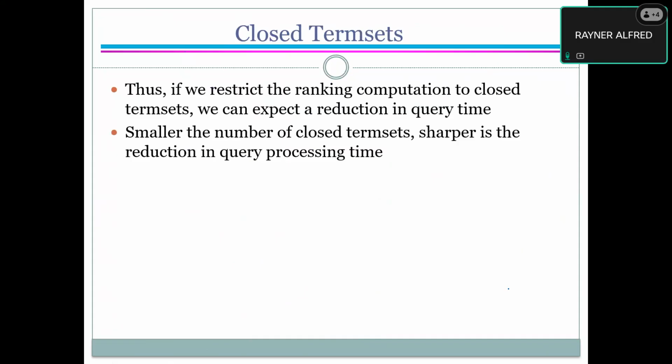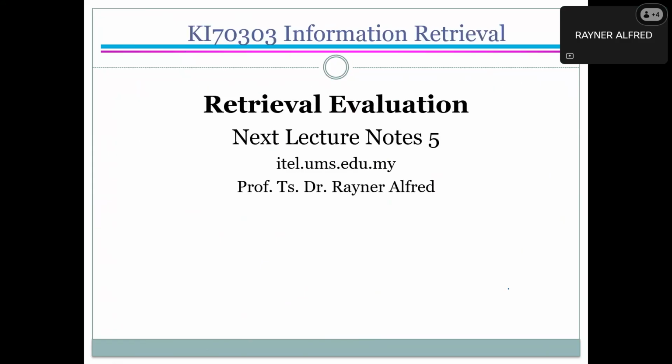But the problem with this one is we need to be careful to filter or to select which term set is valid to be included. So very, very critical in selecting them. Don't make a mistake there. Once you make a mistake, then your whole calculation will be wrong. Any question?